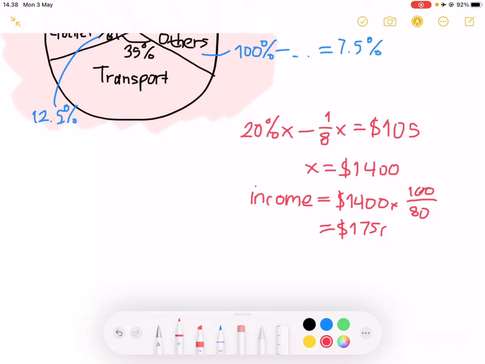Let me just work that out for you. So the zeros will cancel, this 8 will turn into 4, this 10 will turn into 5, and you can just do all the manipulating and you get an answer of $1,750, I should say.